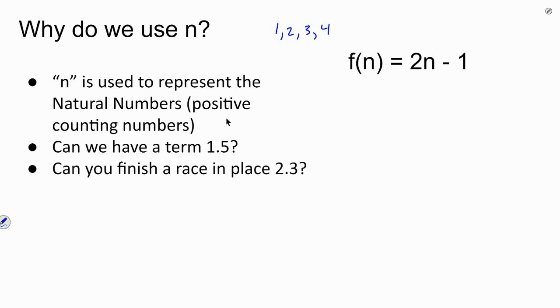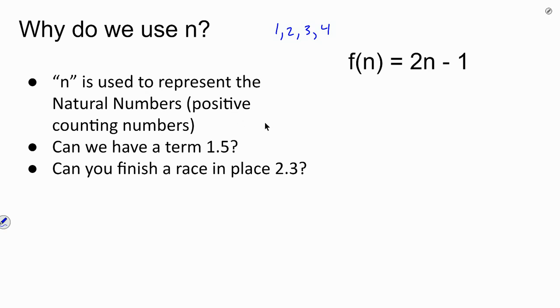The same question to go with that is, can you finish a race in place 2.3? No, your first, second, third, fourth, that's all it is. It's positive counting numbers. So a sequence is the same thing. We're only going to have term 1, term 2, 3, 4, because decimal terms don't make sense in this context.